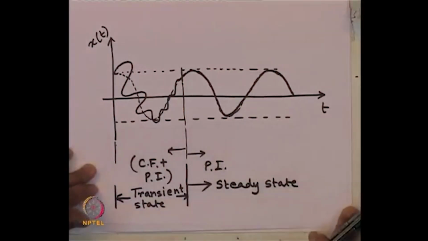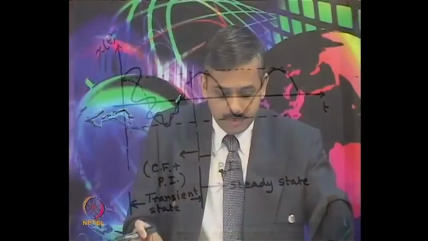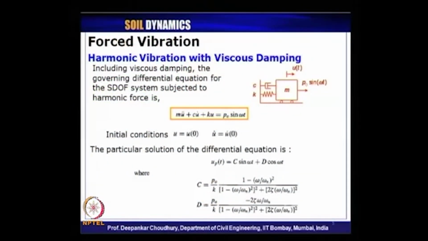Okay. So, that is the final solution for the forced vibration subjected to a harmonic excitation. We have seen how the transient state and the steady state behave, and the responses we have drawn. Let us look at the slide for the same summary of what I have now derived.